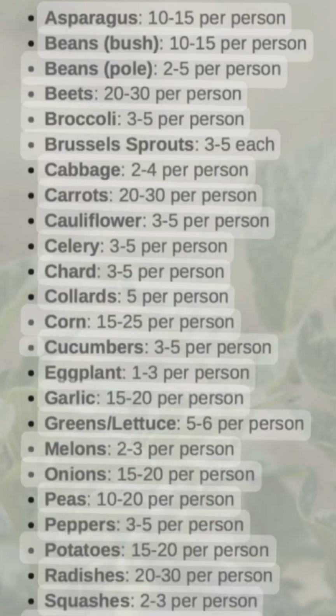Something else to take into consideration is how many plants per person. So how many people do you have in your household, and how many tomato plants, onions, beans per person do you need to plant? There are several different places to look online.